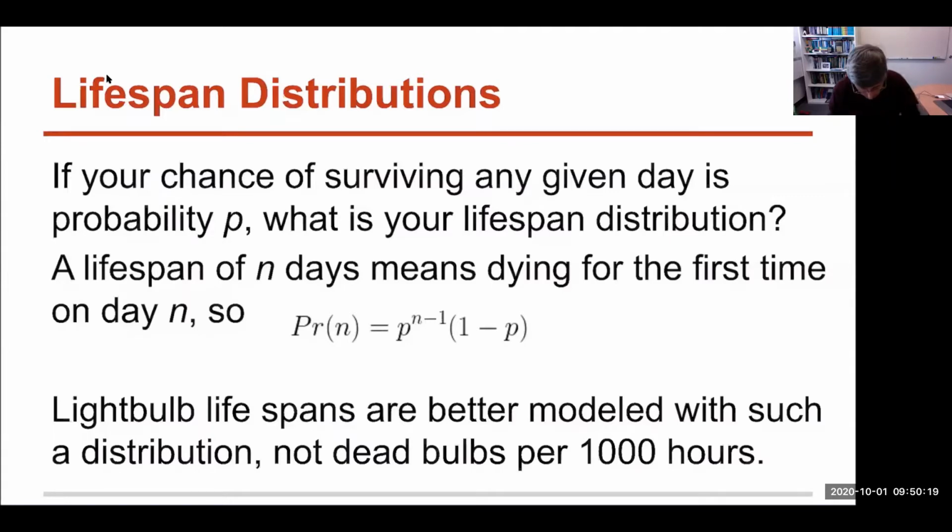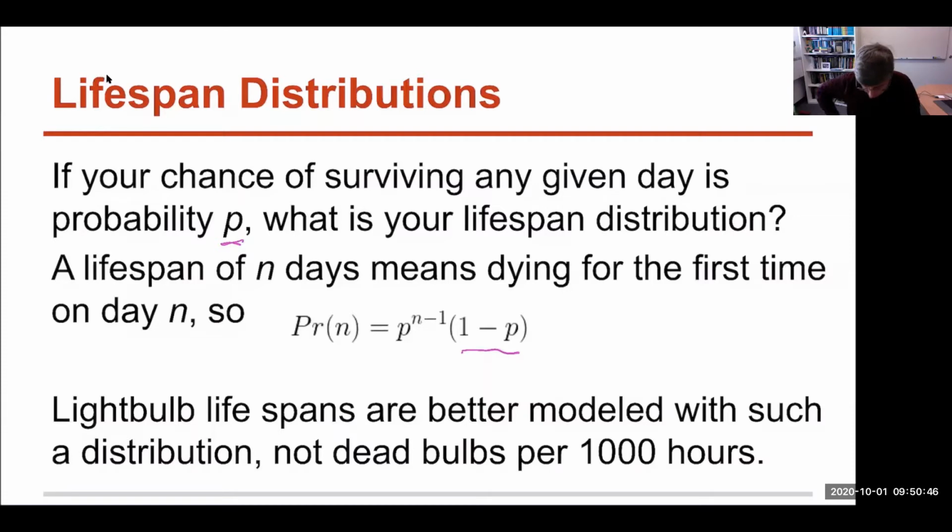My claim would be that if the probability of surviving on a day is P, let me write that down. If the probability of surviving on a given day is P, the probability of dying on a particular day is 1 minus P. What is the probability that you will live to be exactly n days long?